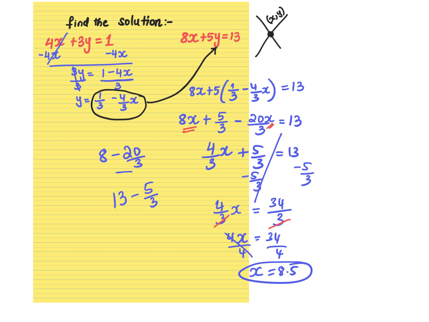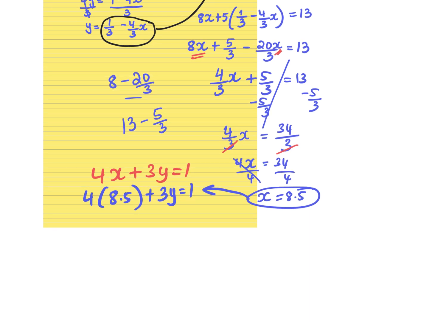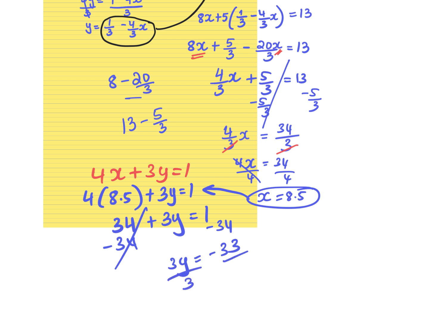So now what happens here is we replace x in an equation. Let's look at your original equation. When I replace it with 8.5, 8.5 times 4 is 34, minus 34 on both sides, divide by 3.